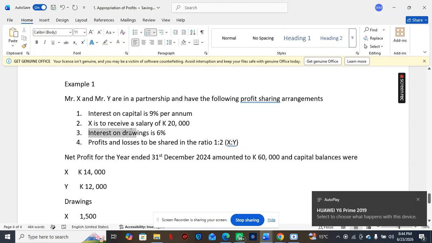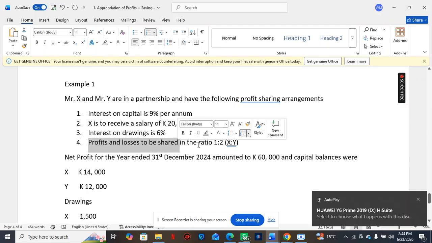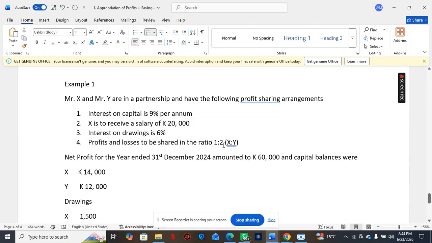Interest on drawings is 6%. Profits and losses are to be shared in the ratio 1 to 2. Mr. X, one part, Mr. Y, two parts.